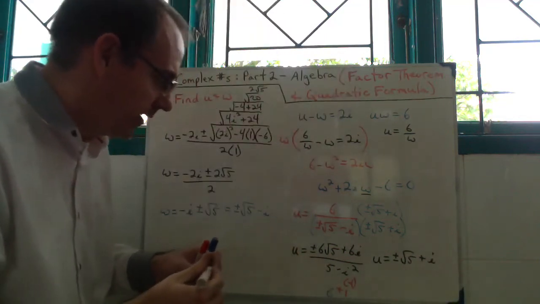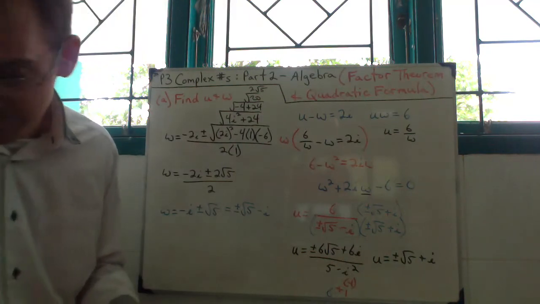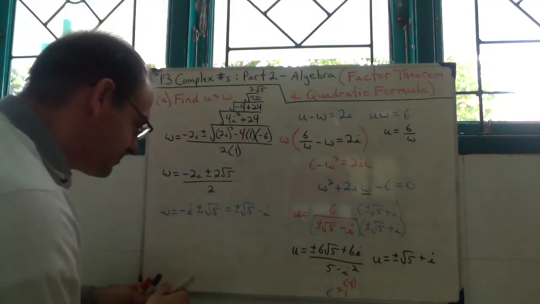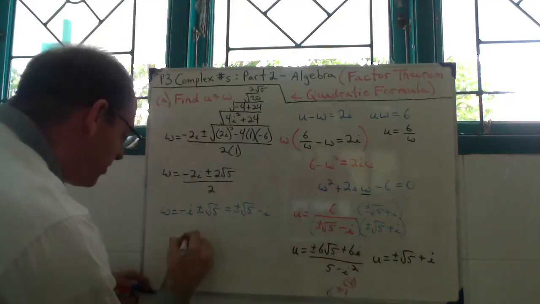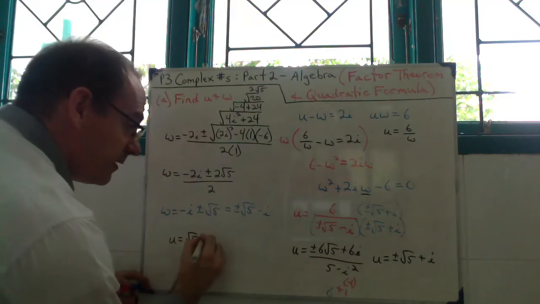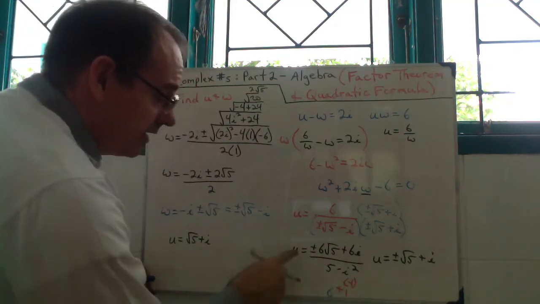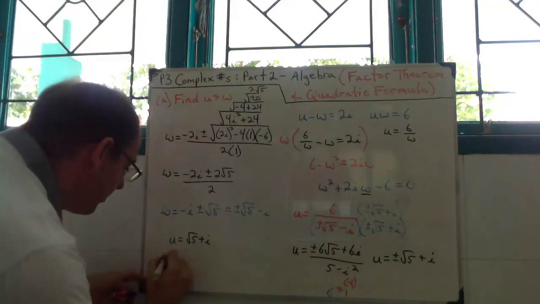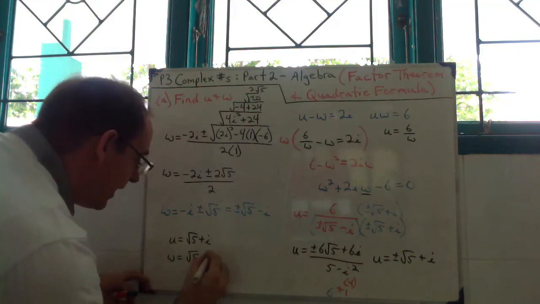Okay. So when we write it out here, when u is the plus root 5 plus i, the w is also the positive root 5 minus the i.